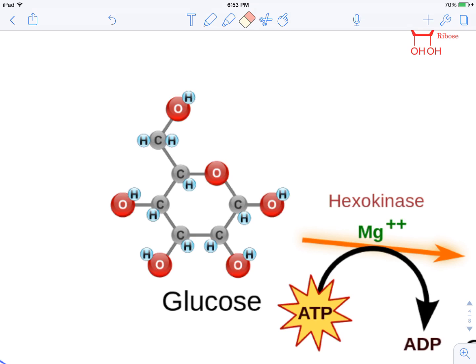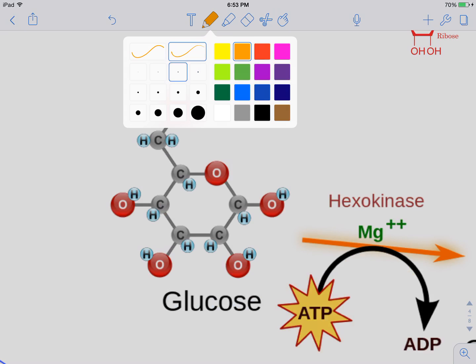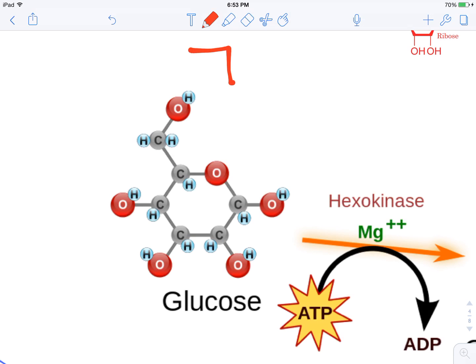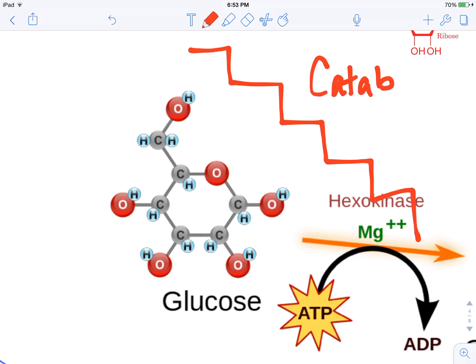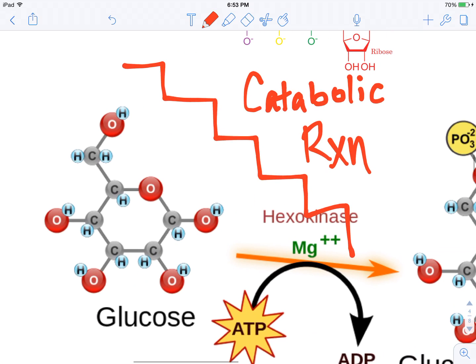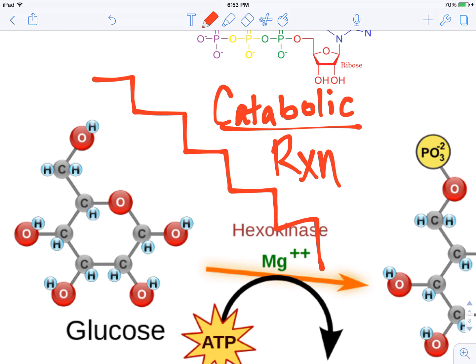That is why when we describe glycolysis, we describe it as something called a stepwise catabolic reaction. Stepwise, so you can imagine steps, and catabolic reaction. Catabolic means to break.